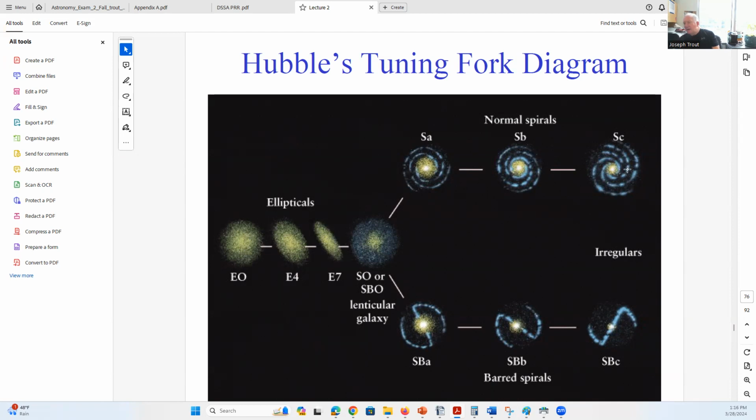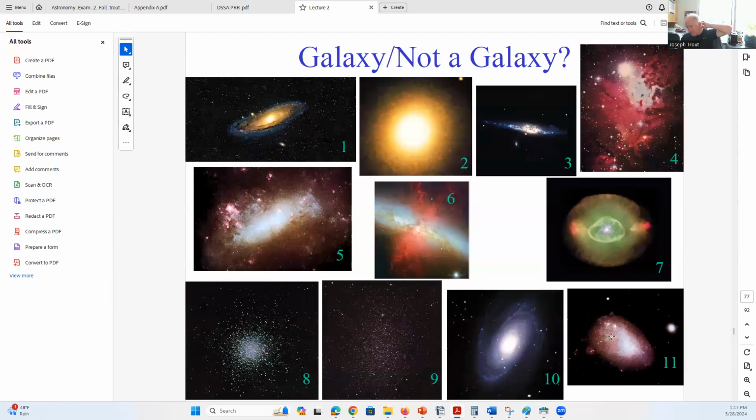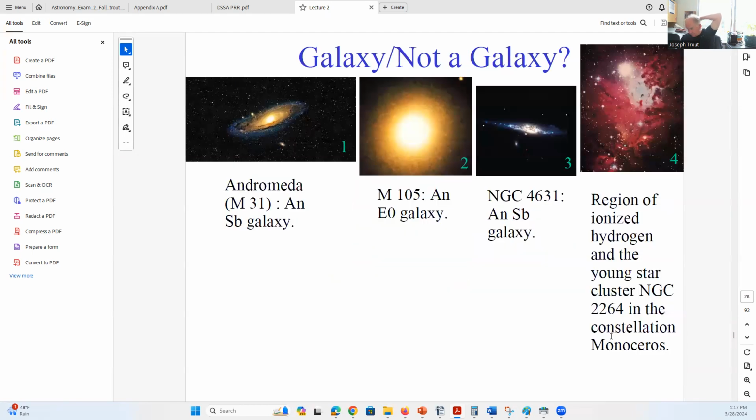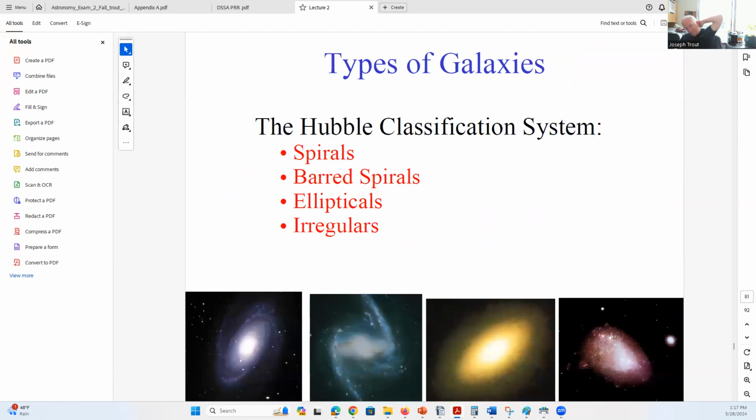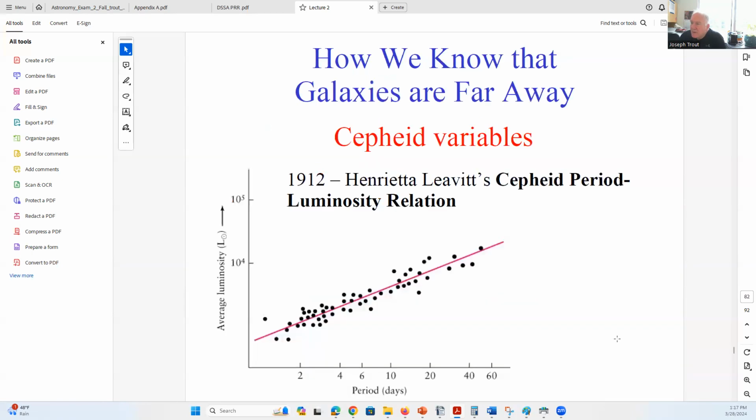And then we have the spiral galaxies and the barred spiral galaxies. So the Hubble classification has spirals, bars, ellipticals, and irregular galaxies.